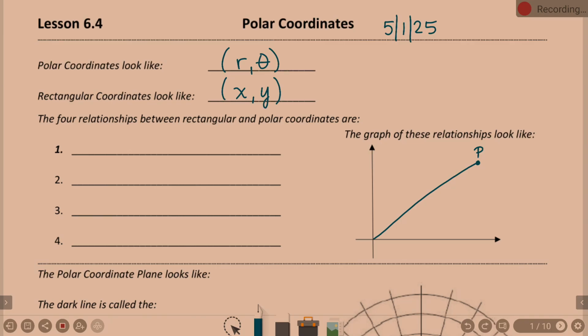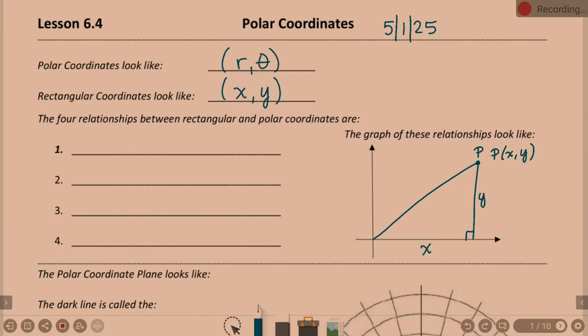You go over x, and then you go up y, correct? You've seen this triangle before. So with rectangular coordinates, you go over x, up y. It does create a right angle, but point P in rectangular coordinates would be x comma y.